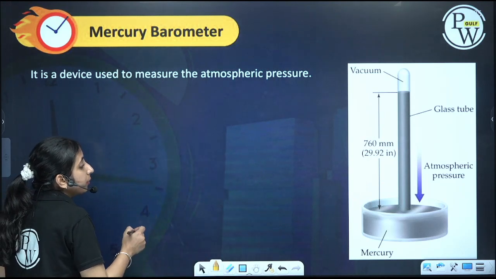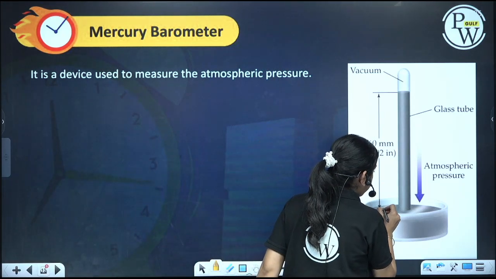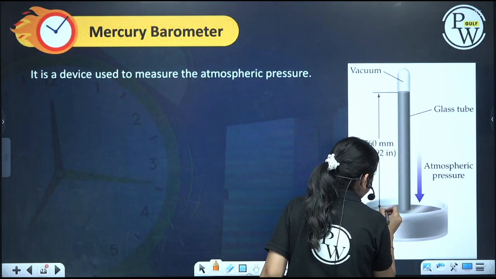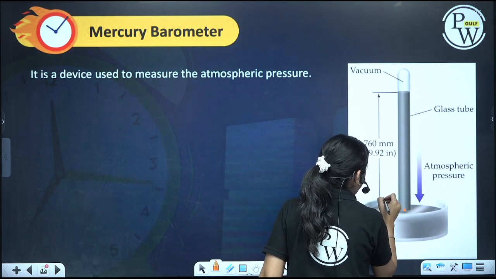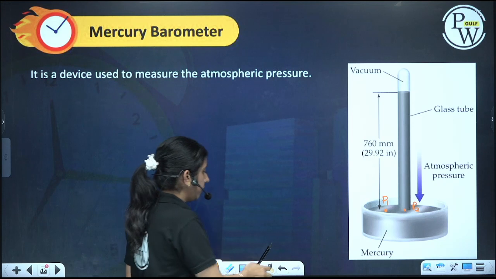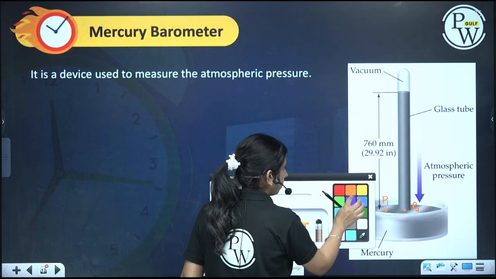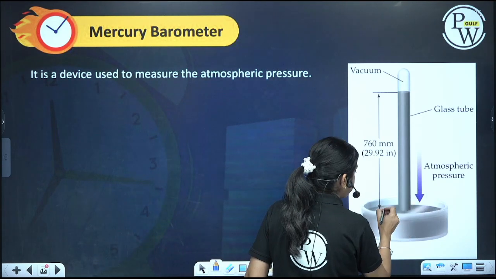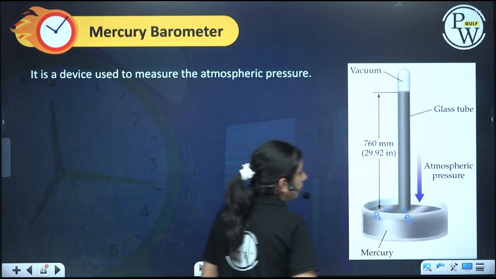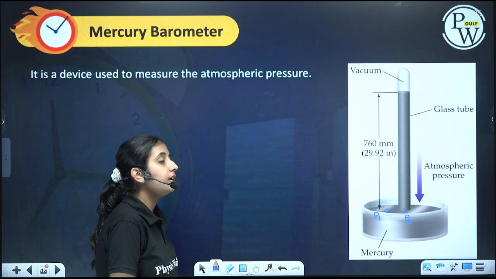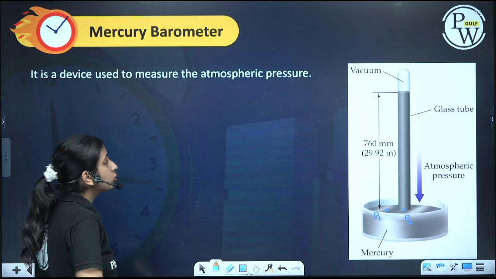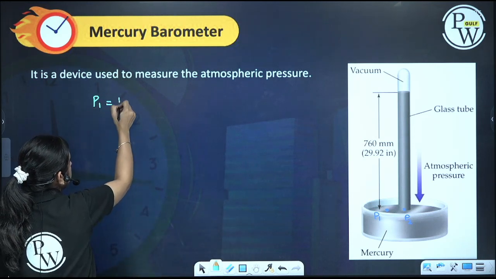Now if we want to measure pressure, let us take 2 points on this. This is point P1 and this is point P2. Because these 2 points are at the same height in the mercury, P1 must be equal to P2.